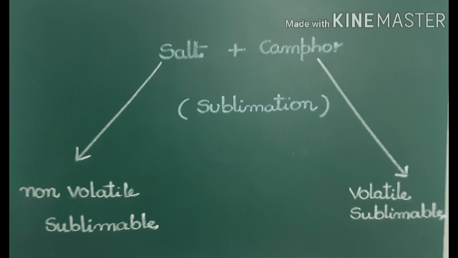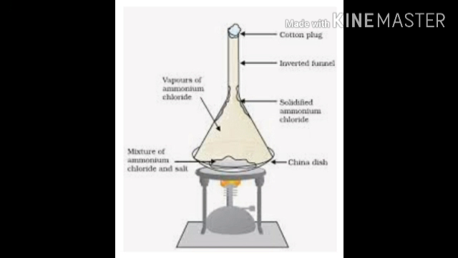Another important separating technique is sublimation. I have taken a mixture of salt and camphor. Sublimation means we can separate a sublimable substance from a non-sublimable substance. So I have taken the mixture of camphor and salt in a china dish and heated it.